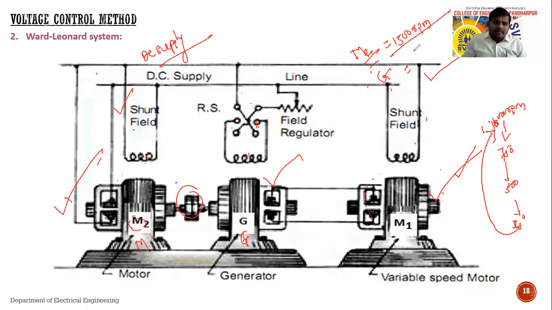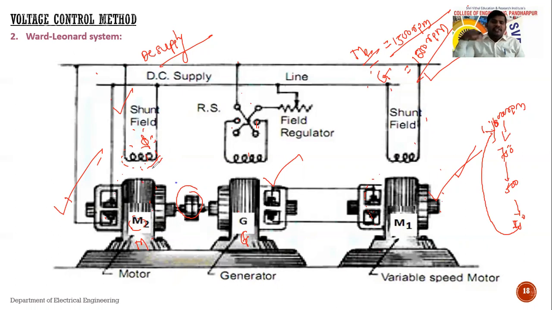Same speed. Because generator and motor, it is directly coupled. So generator, it will also run on 1500 revolution per minute. Okay, generator पण त्याच्या same speed ने run होईल, because there is a direct coupling is there. Here the shunt field winding of the motor, it is constant, that is याच्यामध्ये produce होणारा flux constant आहे. So this motor, it is running on a constant speed because it is DC shunt motor.